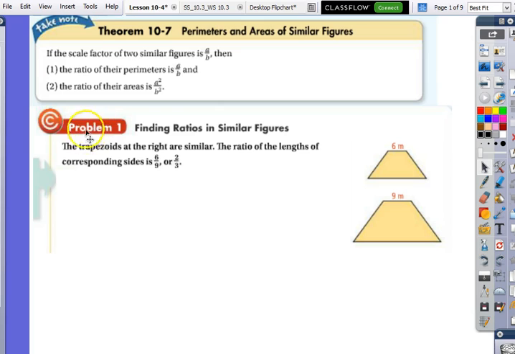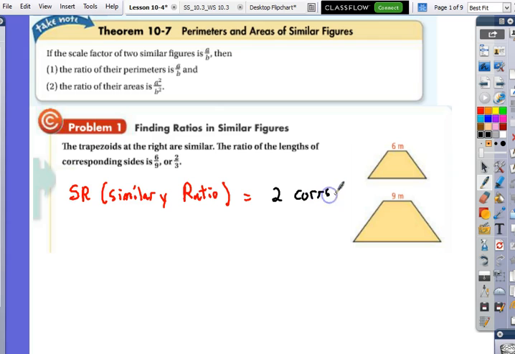So you can find the similarity ratio between any two figures, and I'm going to call that the SR, and the SR is always equal to just comparing two corresponding values and then reduce.